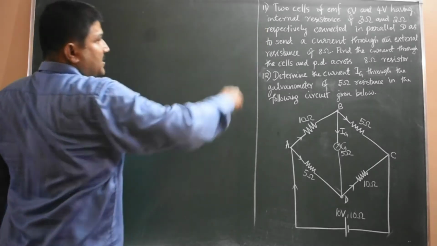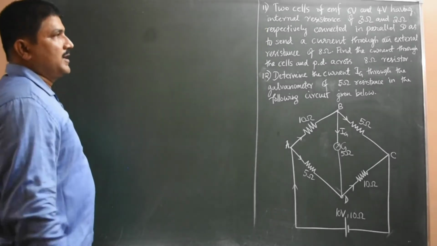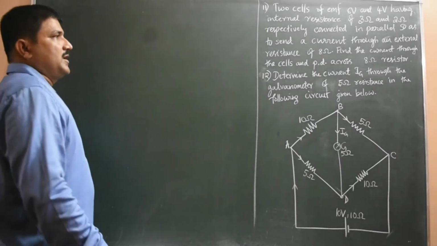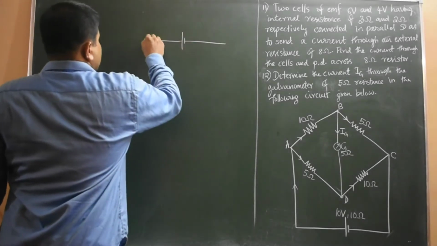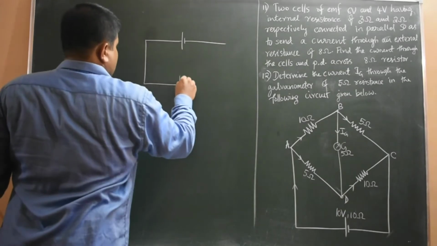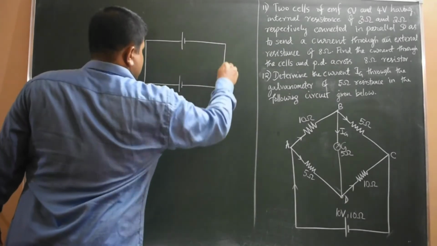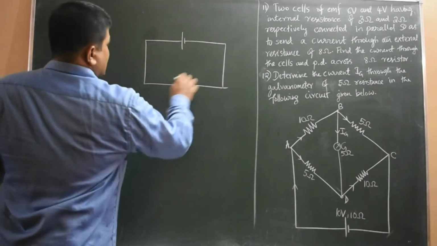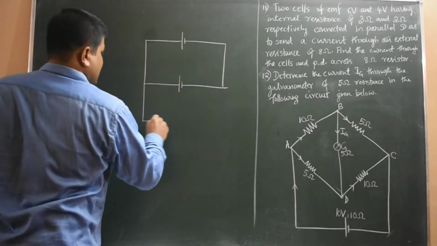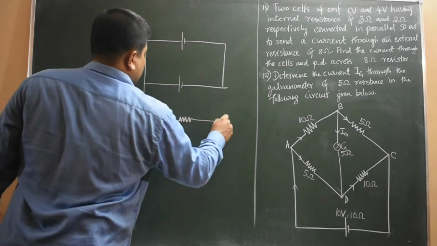So now there are two cells connected in parallel and another 8 ohm resistor also connected in parallel. One cell like this, another cell, two cells. We can put the resistor in between the two cells or at the bottom also.